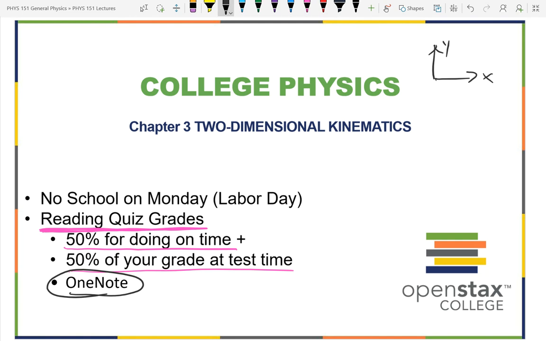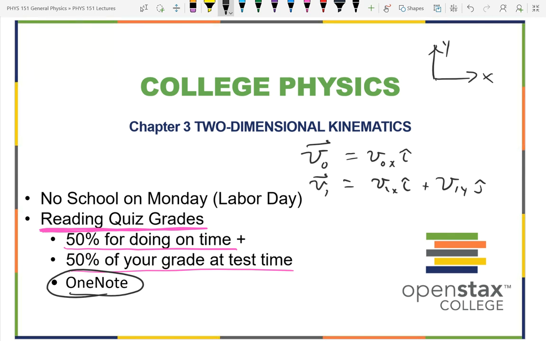Now, at least some of you, I think this is only the people in 251, but it might be everybody, have a problem that says the initial velocity is equal to V0X i hat, and then you have V1 equals V1X i hat plus V1Y j hat.